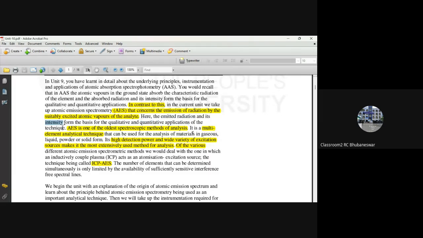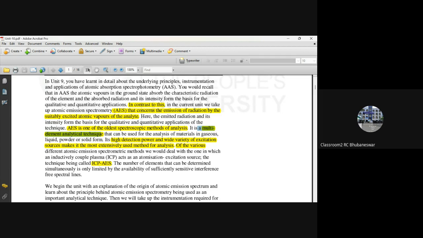So AES is one of the oldest spectroscopic methods of analysis. It is a multi-element analytical technique, but there is a limitation also. Whenever you are doing multi-element analysis, you have to deal with various radiation sources.